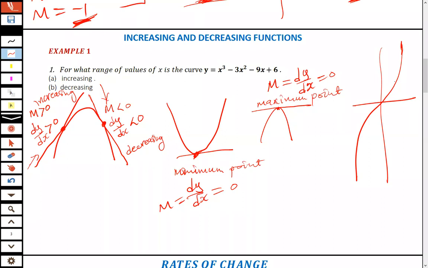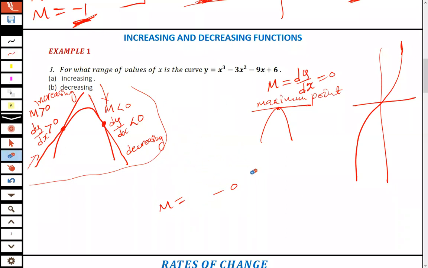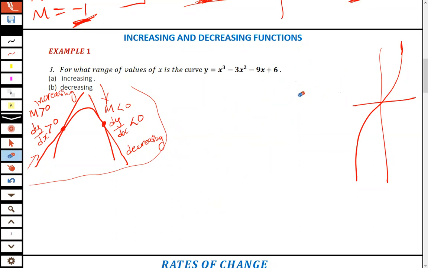We call it a point of inflection. We're going to discuss this, but for now let us focus on increasing and decreasing, so let's forget about these three. We're going to discuss them at the end. I've prepared questions on this.